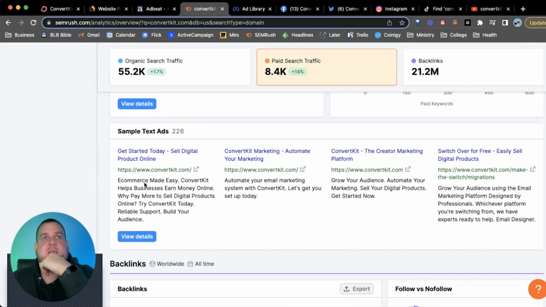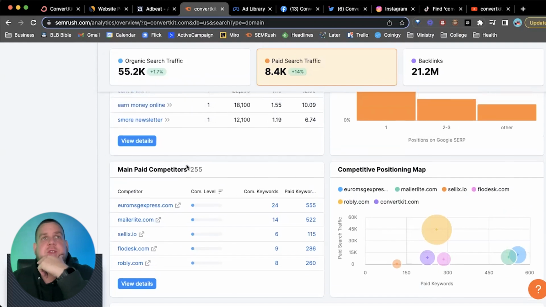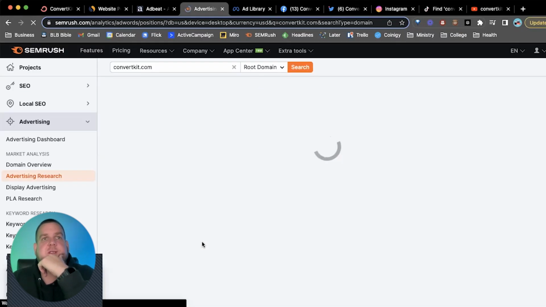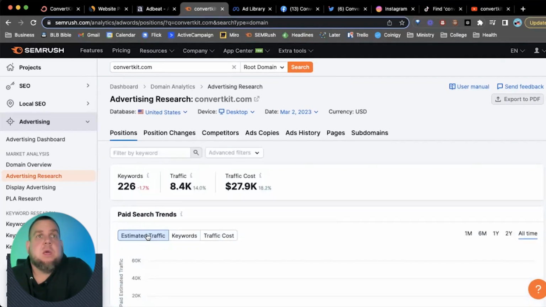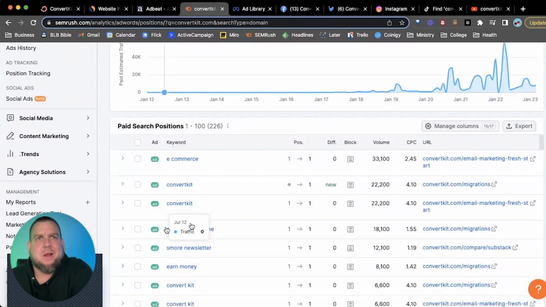Some other ads: get started online, sell digital products online, automate your marketing, the creator marketing platform, switch over for free. So I bet you they're doing some comparison. Let's see, view details. Only 226 keywords. That's interesting. I think you could be doing better, guys.